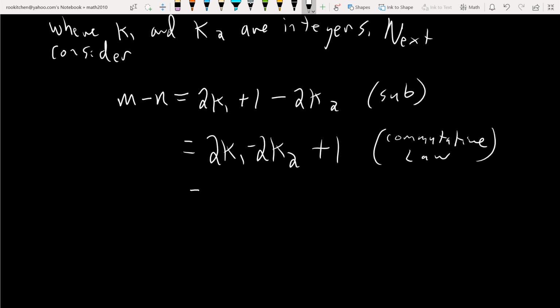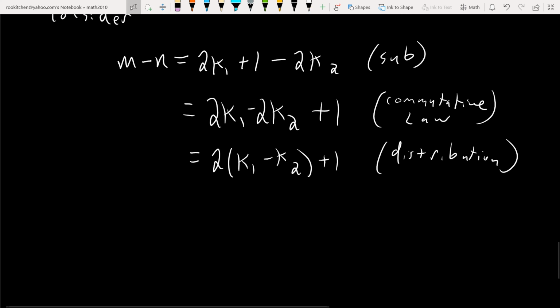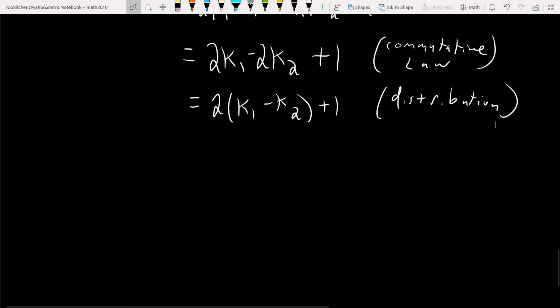Okay. And then I can factor out the 2, which is the reverse of distribution. And then I got it, right? I just have to show that this thing is an integer.